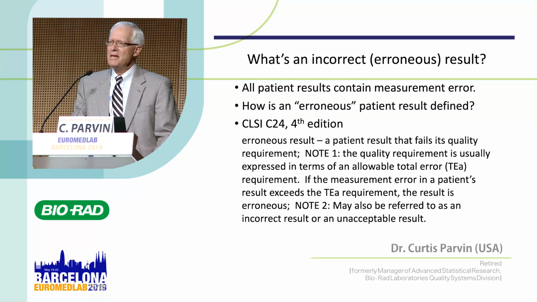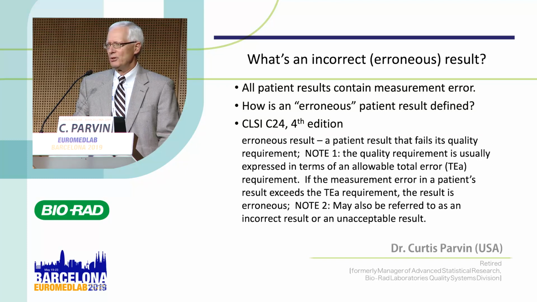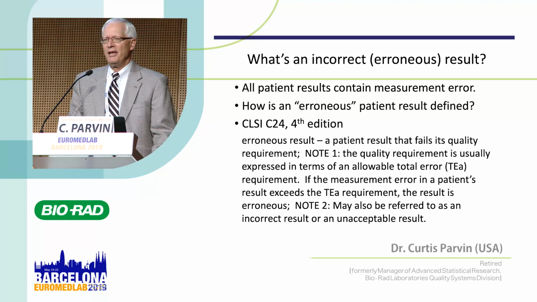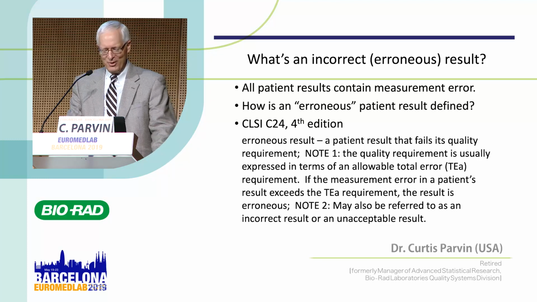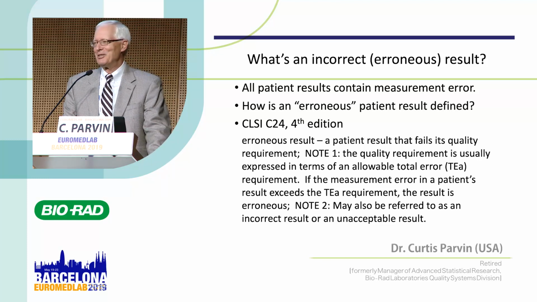Now, the committee chose to use the term erroneous result. Notice in the figure that I showed you from EP23, they call it an incorrect result. Likewise, in some of the early literature published by myself, I used the term unacceptable result. So note 2 here states that erroneous result may also be referred to as an incorrect result or an unacceptable result.